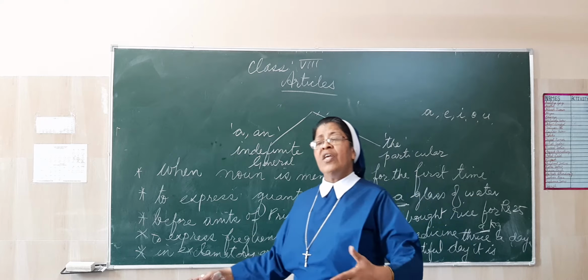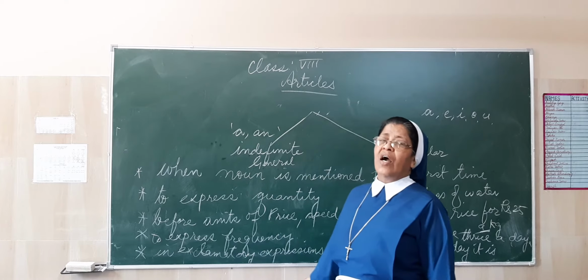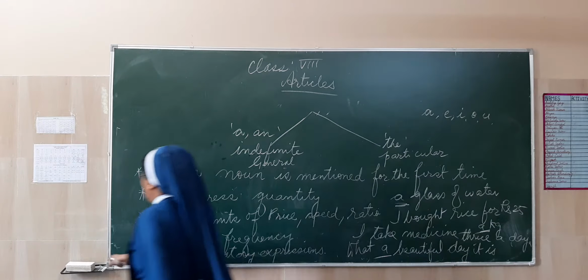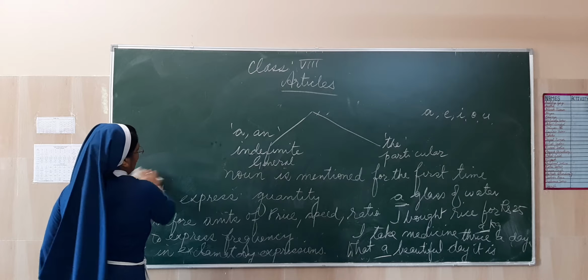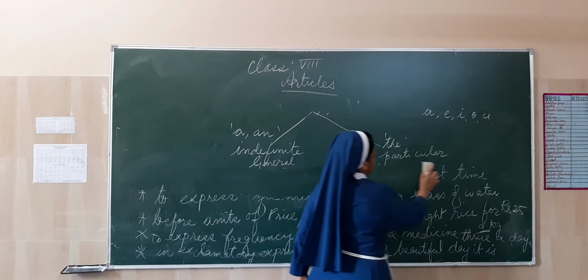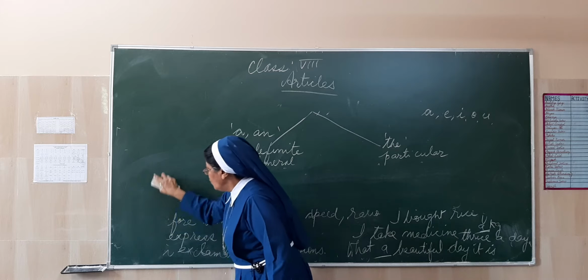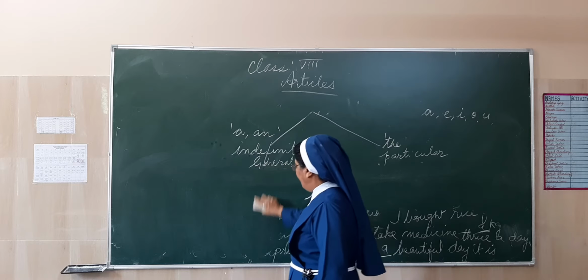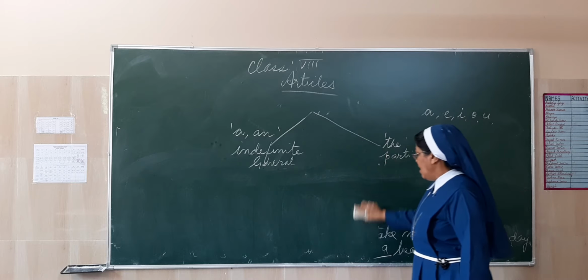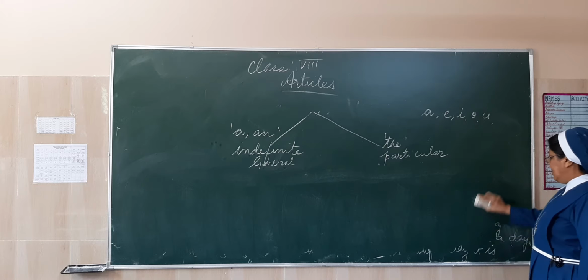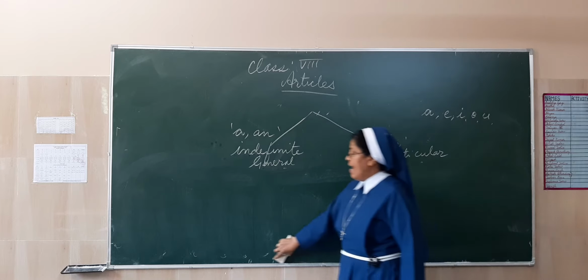So whenever we need to use an article, we can use it. Now, coming back to this, the usage of a and an. You have to remember when to use a and when to use an. Often children make mistakes when they use the words a and an.